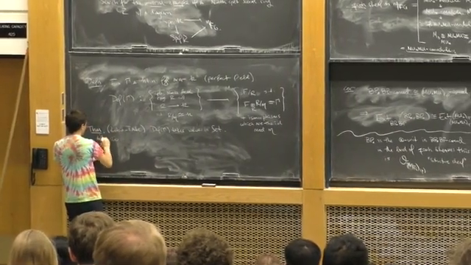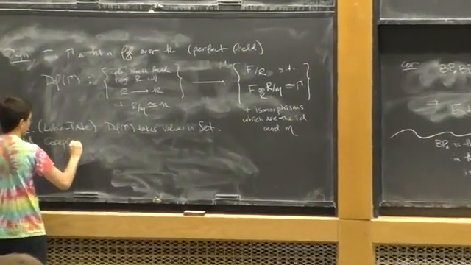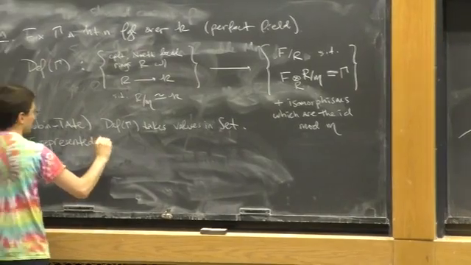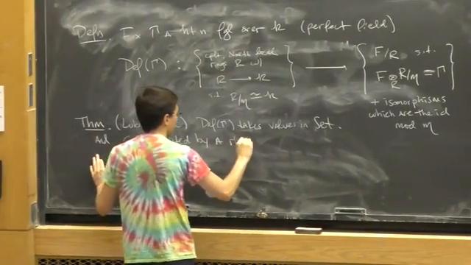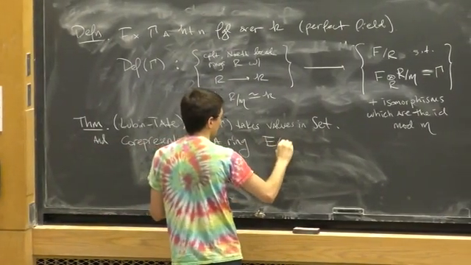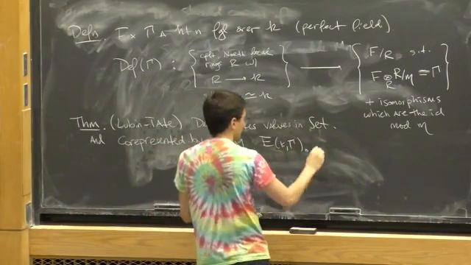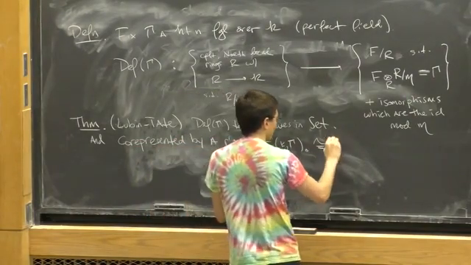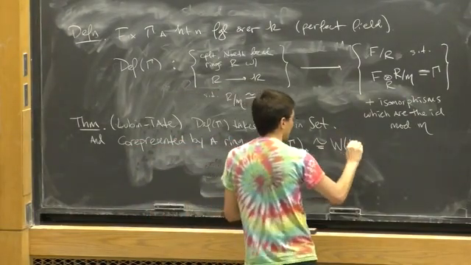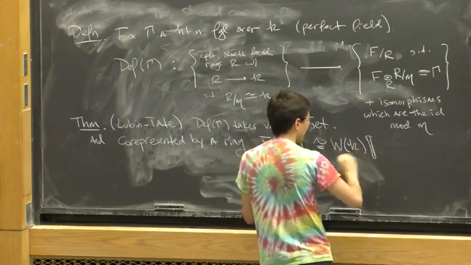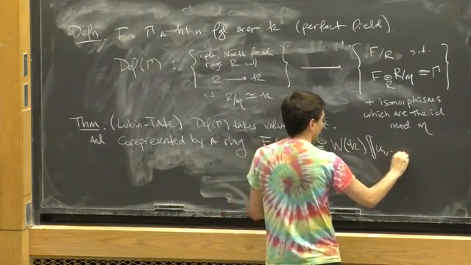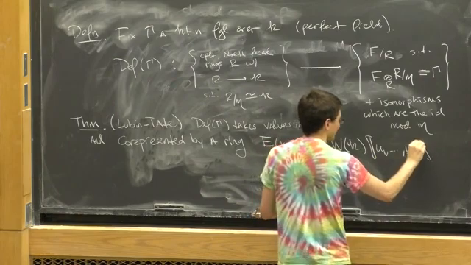It's co-represented by a ring called the Lubin-Tate ring, which I'll write as E_k(gamma), and it's non-canonically isomorphic to the Witt vectors, which I'll tell you not to be afraid of in a second, and then power series in n-1 variables.